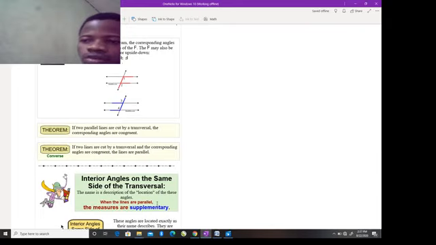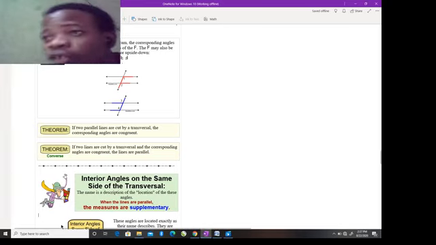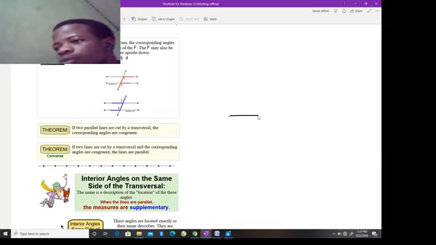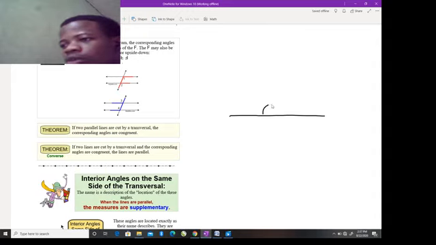Okay, let's talk about interior angles on the same side of the transversal. This is what it means. Interior angles on the same side of the transversal, they will be supplementary. What are supplementary angles? Let me first illustrate with this. We all know that angles on a straight line will give us 180.